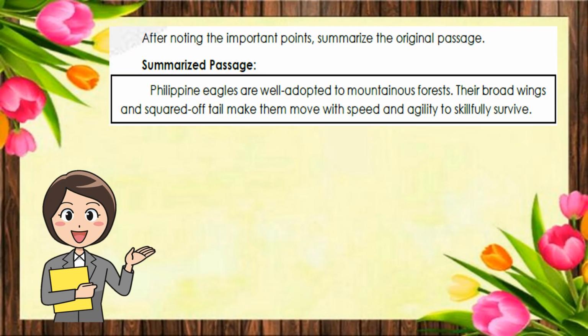After noting the important points, summarize the original passage. So this is the summarized passage. Philippine eagles are well adapted to mountainous forest. Their broad wings and squared-off tail make them move with speed and agility to skillfully survive.